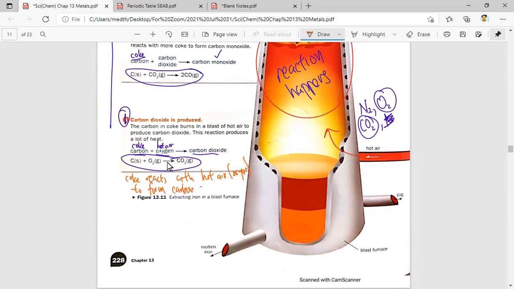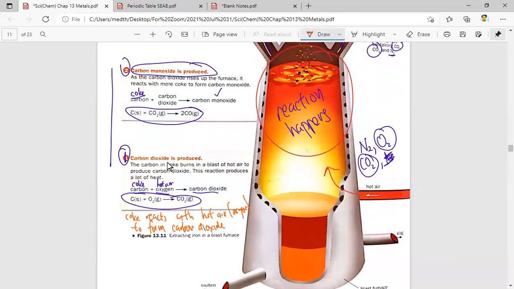So you realize all I'm doing is just describing the equation. Same thing, I can also write here, coke reacts with the carbon dioxide to produce carbon monoxide. You can just describe this equation to get your marks. So if you know the equation itself, the blast furnace description is a lot easier.